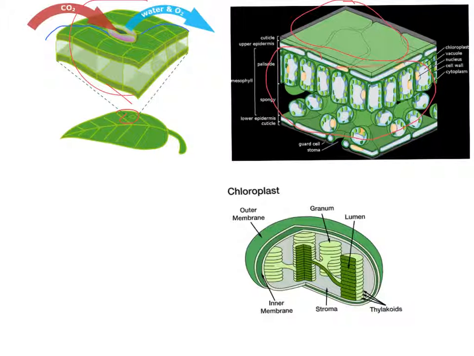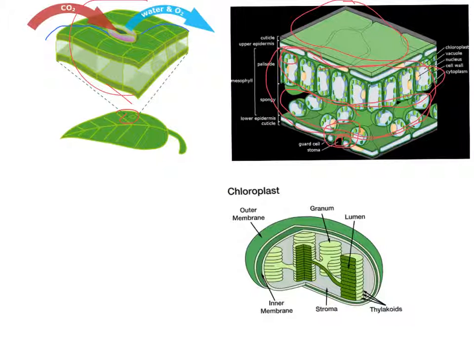This is mesophyll. And there's two types. Palisade, which is here on the top, and spongy, which is on the bottom. And as you can see over here, there's the guard cells and the stomata. And inside of the mesophyll, there's chloroplasts, which I'm going to do in a different color.